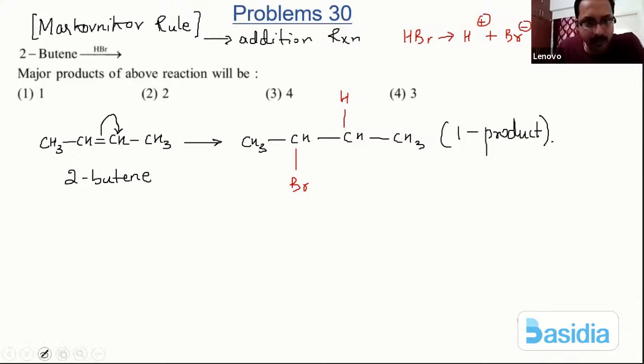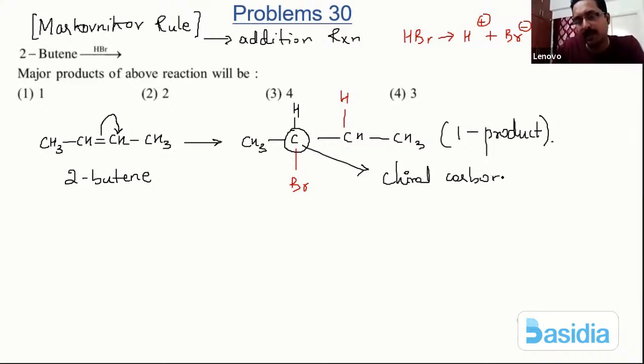But the thing over here is the product which is generated. Check the product generated there. It has the presence of a chiral carbon, or I can also say a chiral center.